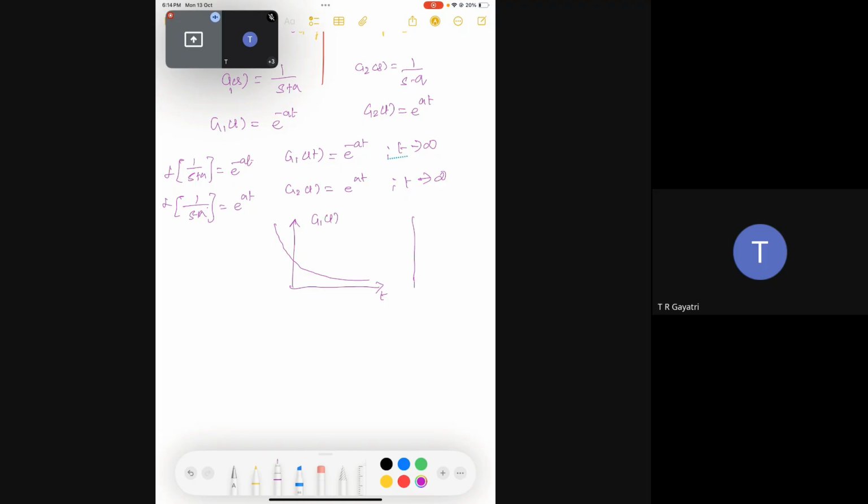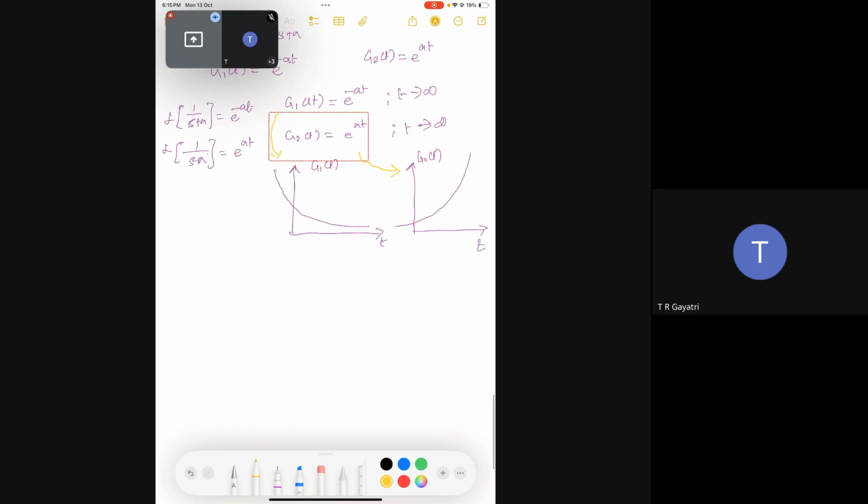G2 will look something like this, because of e power at. Are you agreeing with me? Any deviations, or am I doing anything wrong? This is e power minus at, this is e power at.